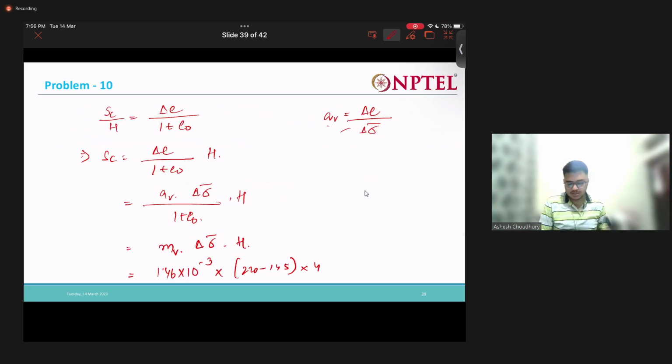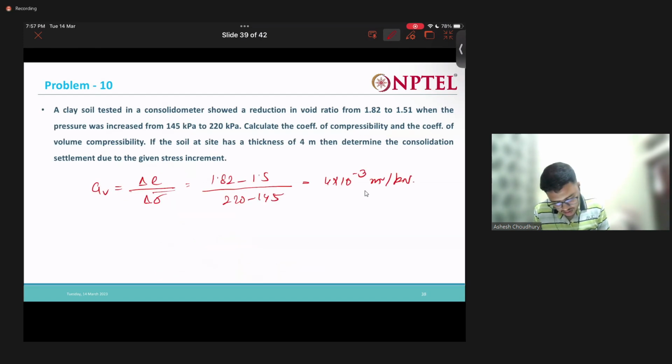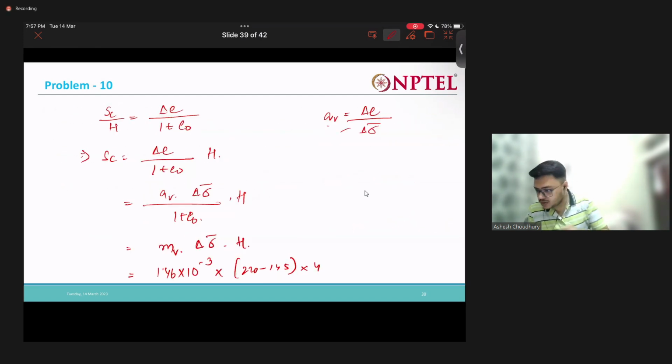So if I do this, we'll get the settlement. 1.46 into 10 to the power minus 3 into 220 minus 145 into 4 meters. That gives 0.438 meter or 43.8 centimeter.